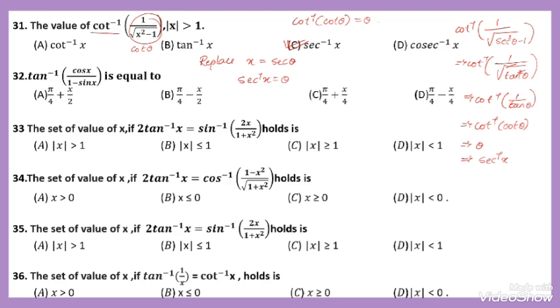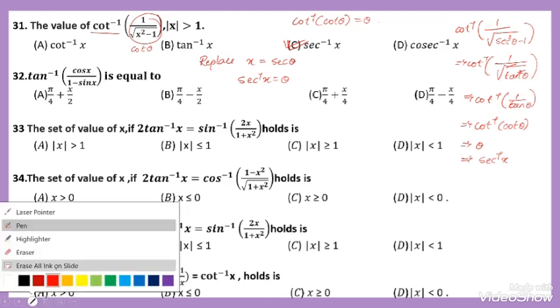Okay. Now, question number 32. Tan inverse of cos x divided by 1 minus sin x. Okay. Here, tan inverse of cos x divided by 1 minus sin x.